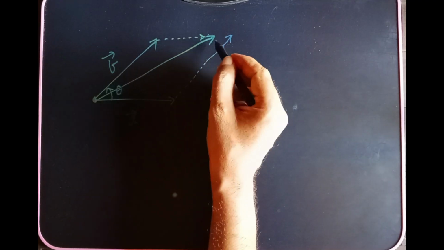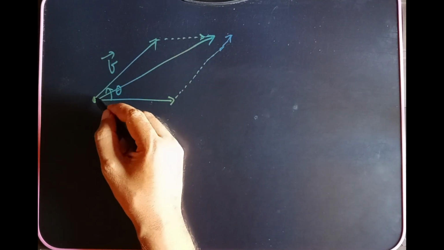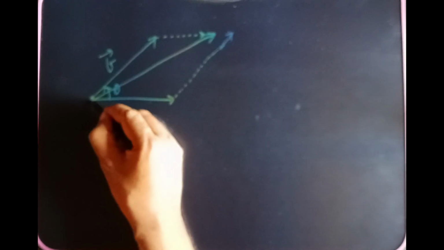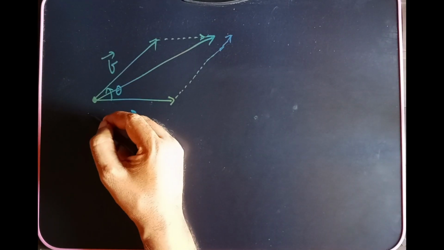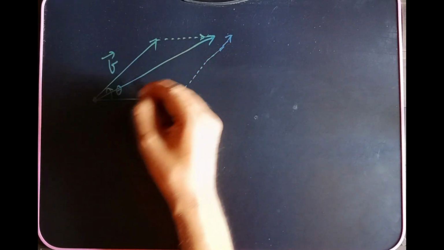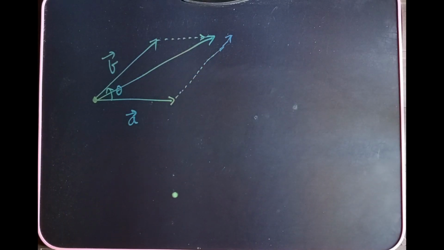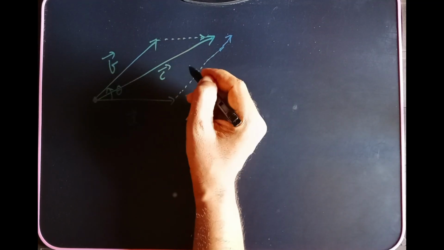The diagonal of the parallelogram contains the tails of the vectors, right? And the diagonal is the resultant vector. This is the resultant vector C.